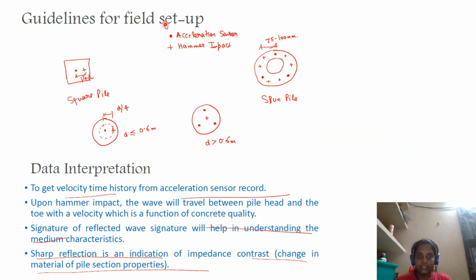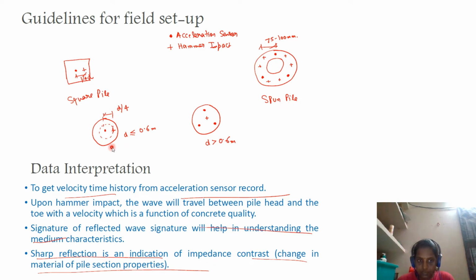In order to set up the hammer impact and acceleration sensor, there are some guidelines. Especially for a circular pile, I will just tell for a circular pile alone. This is your acceleration sensor, and this is the point where you are going to hit the hammer. This distance should be at least D by 4, where D is the diameter of the pile.